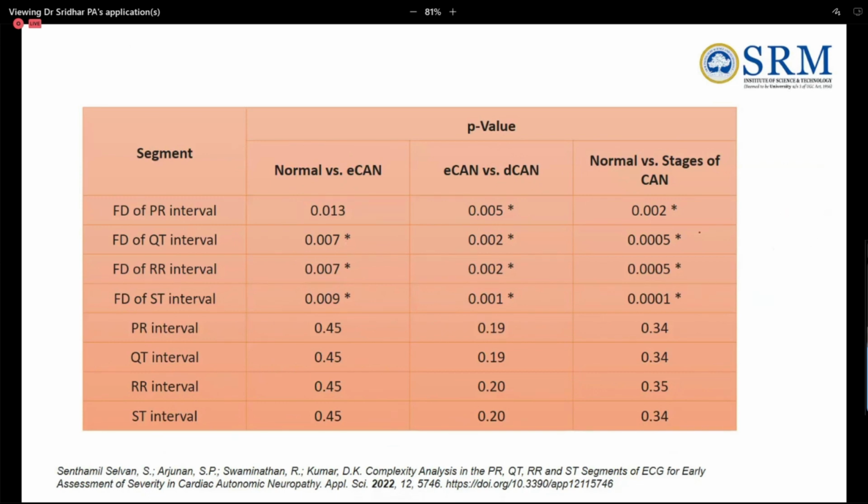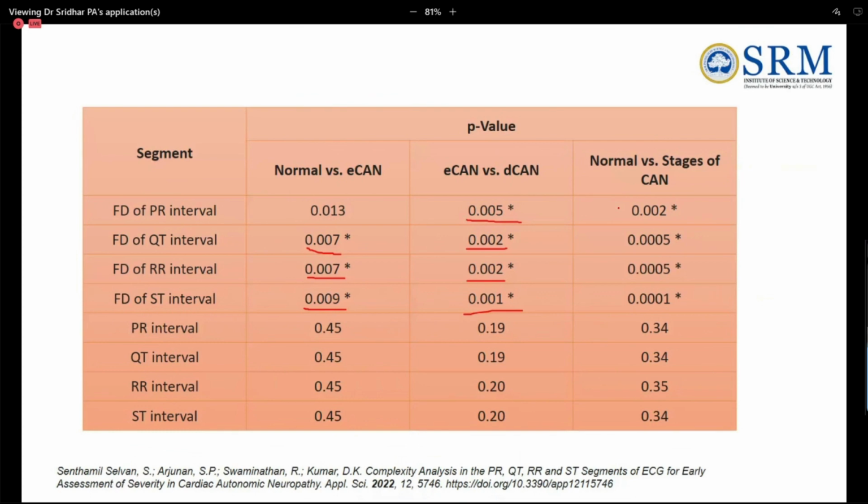You can see here that most of the FD values, the fractal dimension values, were significantly differentiating between the intervals. Further investigation has to be done into why it is happening in this particular ST interval, because physiological changes have already been reported in some papers.